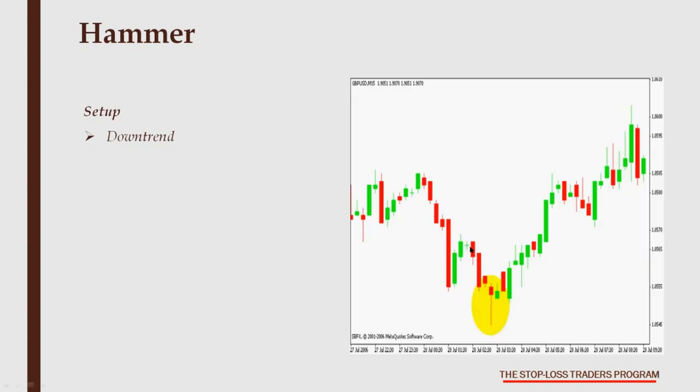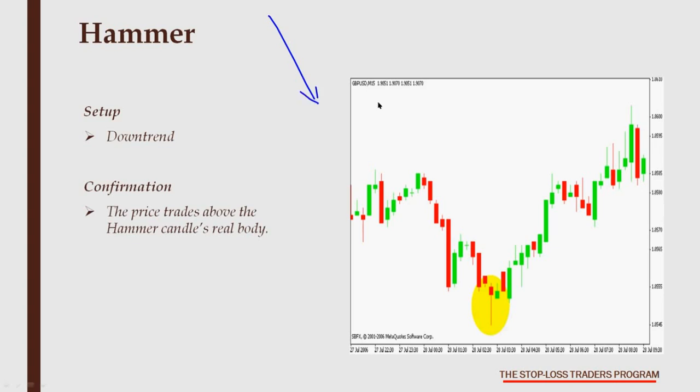So the prevailing trend should be down because it is a bullish reversal pattern, and this is how it looks. The confirmation comes when the price trades above the hammer candle's real body. Now friends, you tell me, price is already falling and you get this kind of candlestick pattern.